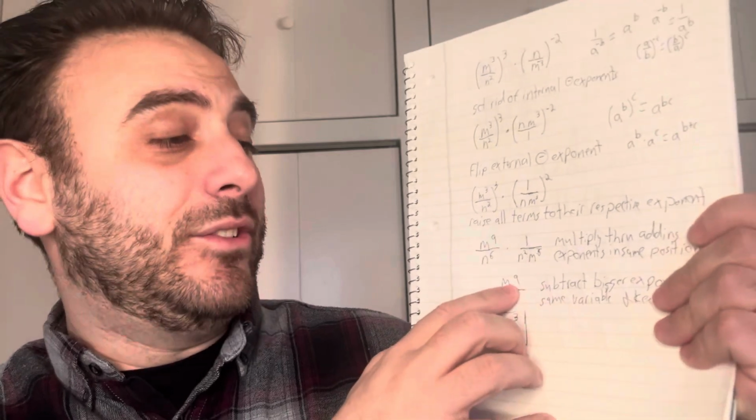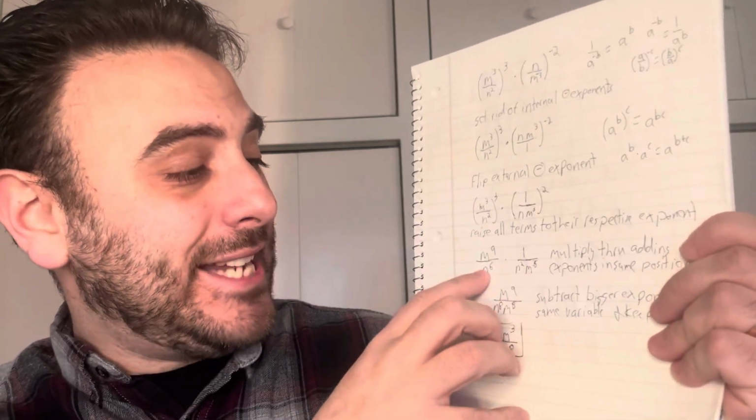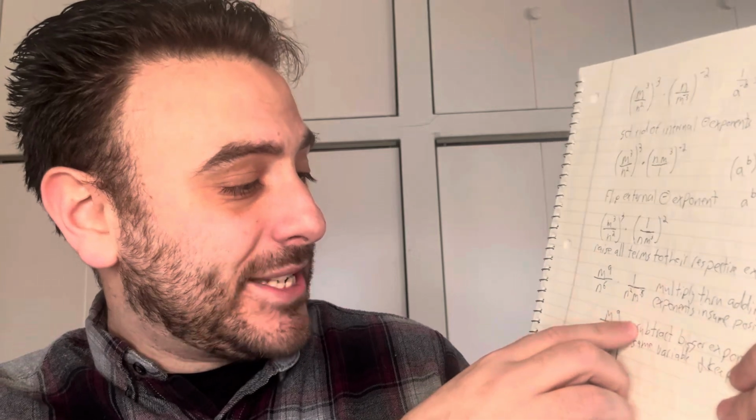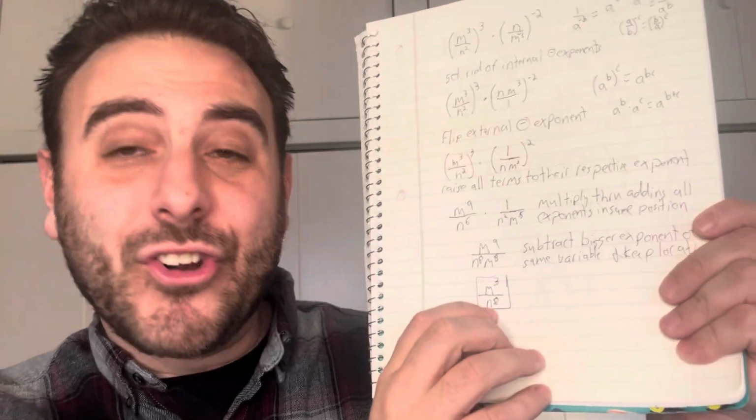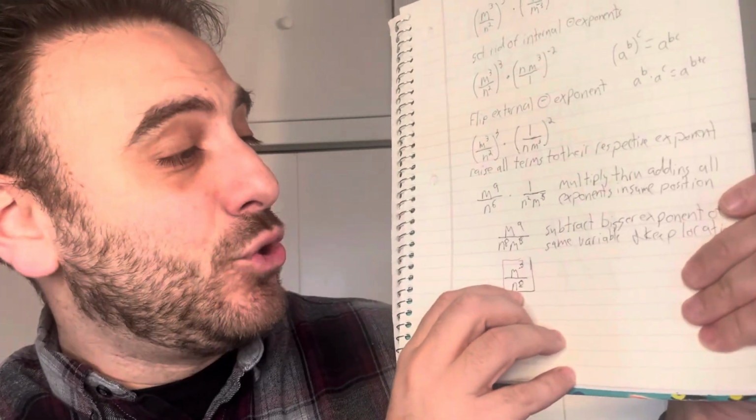So, again, I didn't write it out here, but n to the sixth times n squared is just 6 plus 2, n to the eighth. Okay? And now we're going to take 9 minus 6, which is 3. So our final simplified result is m to the third divided by n to the eighth power.